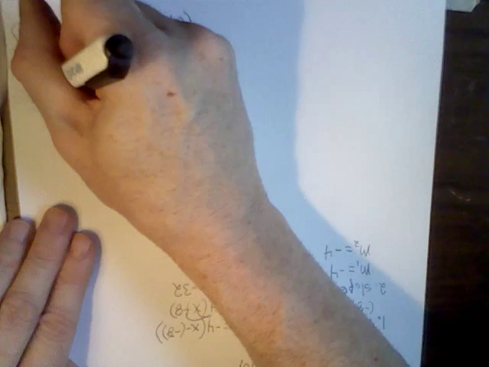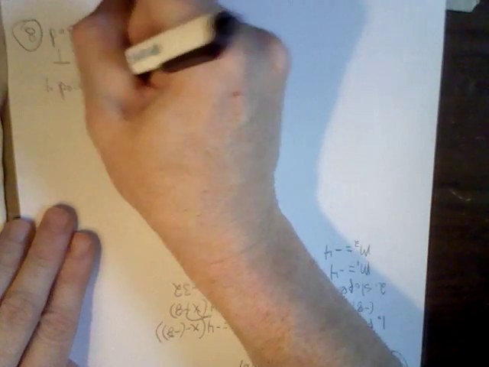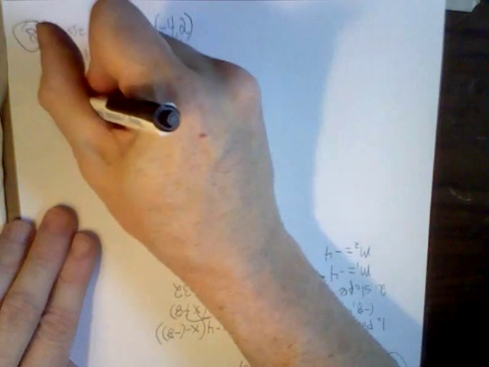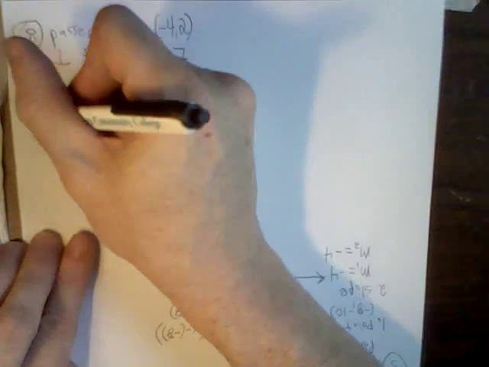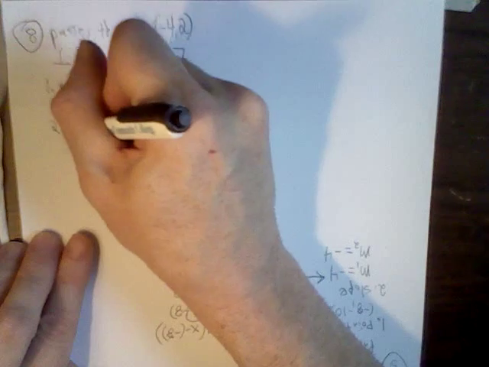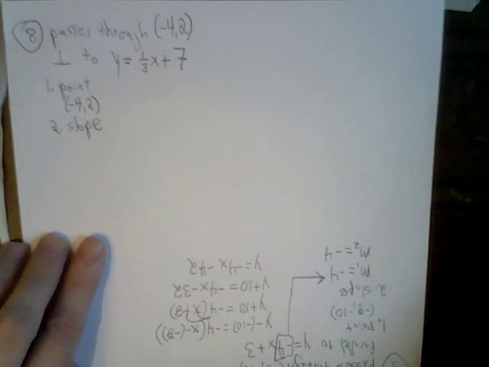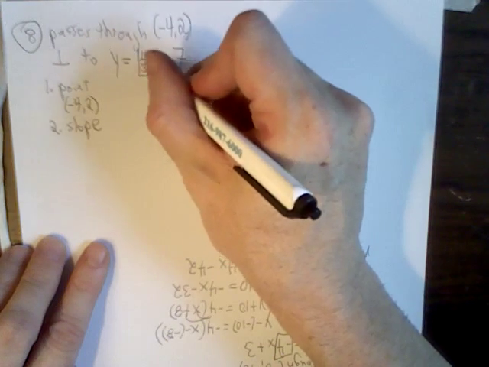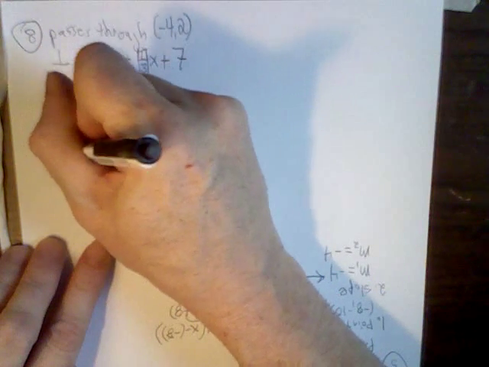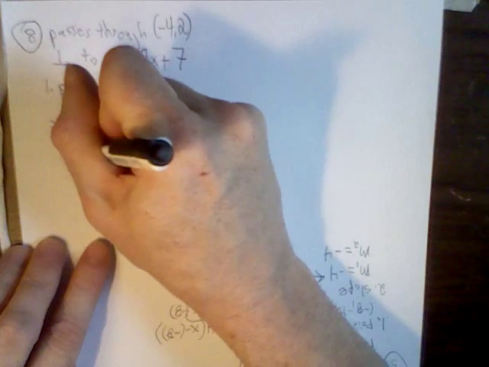So again, first we need a point, and the point is given as -4, 2. And then secondly, we need a slope. And to get the slope, we note that the slope of this line is 1/3, right? So the slope 1 is 1/3.